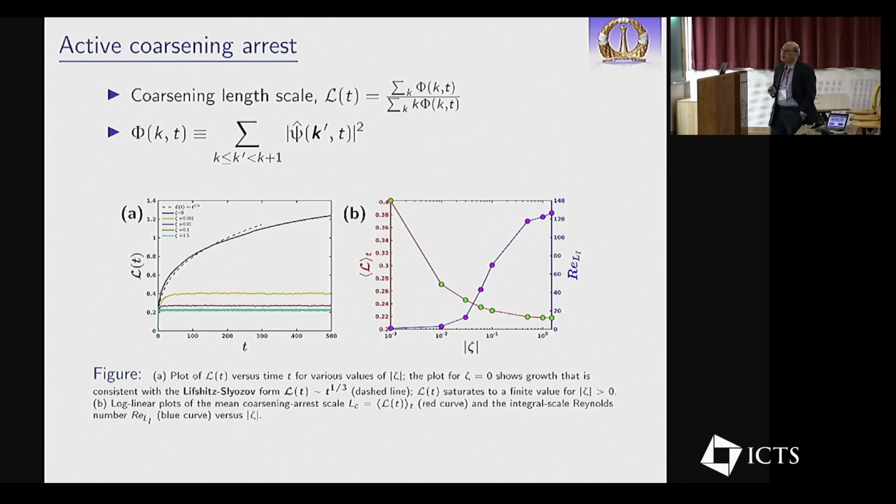You can characterize the arrest of phase separation. I'm showing you a Reynolds number here, which is going up to about 120, but I remind you, this is very modest because this is an integral scale Reynolds number. If I actually looked at Taylor microscale Reynolds number, it would be roughly the square root of that. So again, low Reynolds, but turbulence.